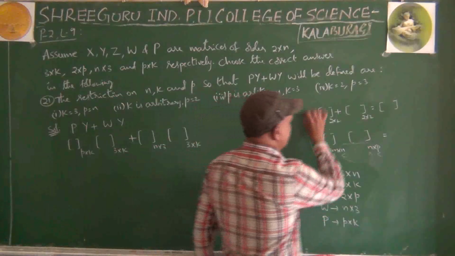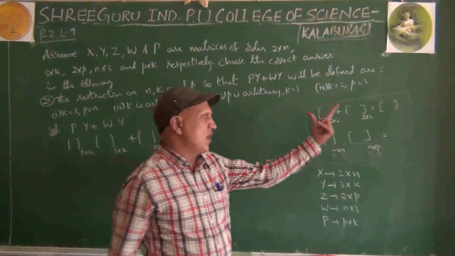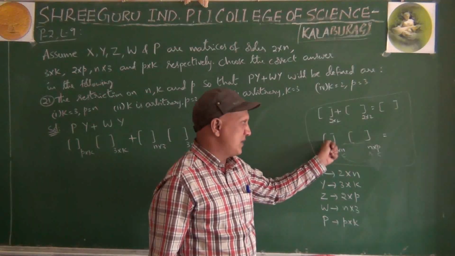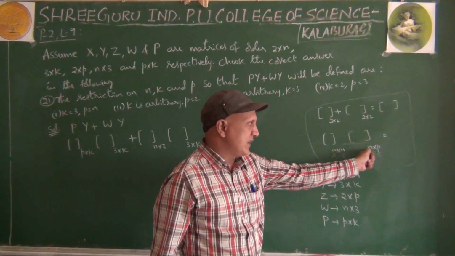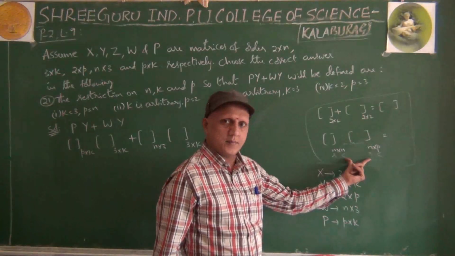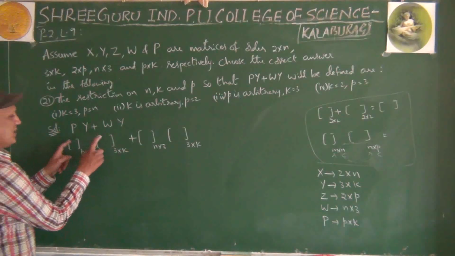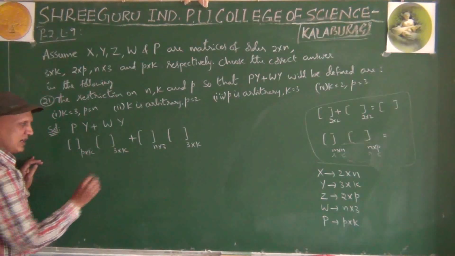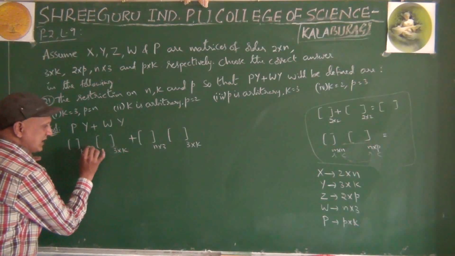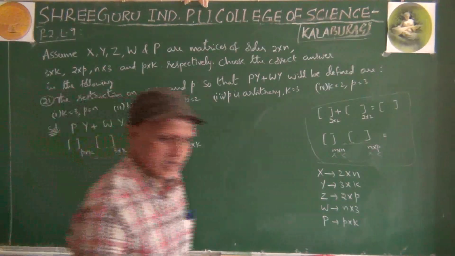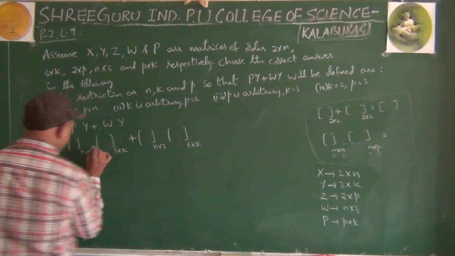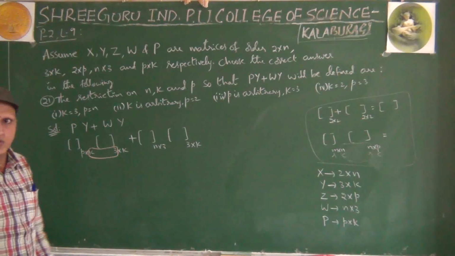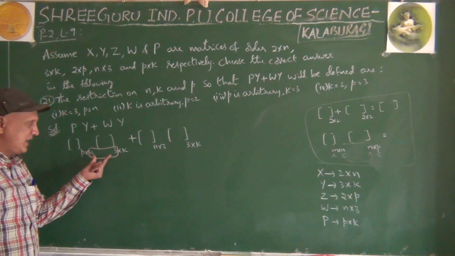Just some time back we discussed this. If you want to multiply any two matrices, the number of columns for the first matrix and the number of rows for the next matrix should be the same.